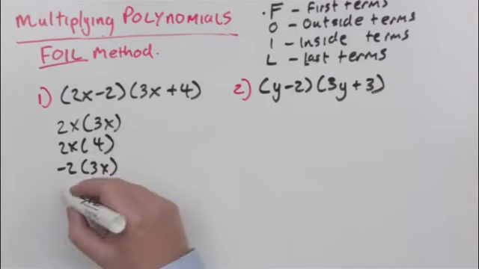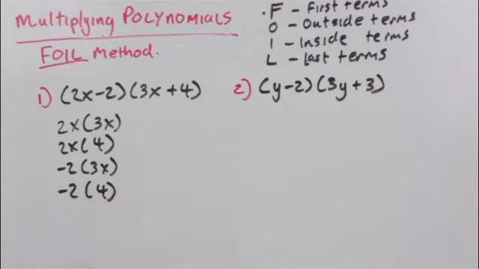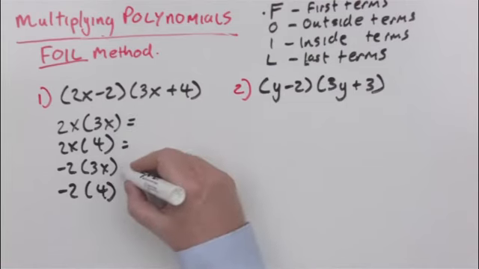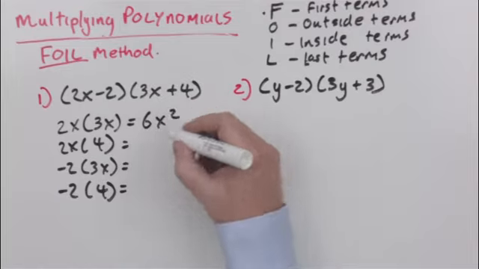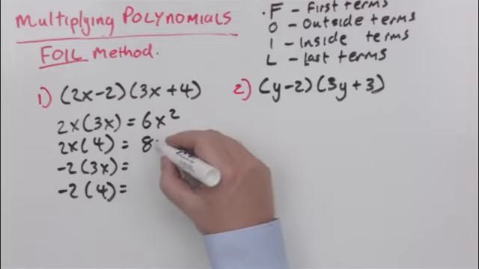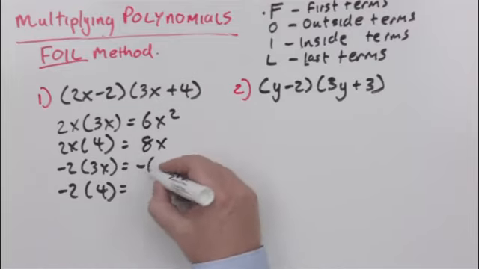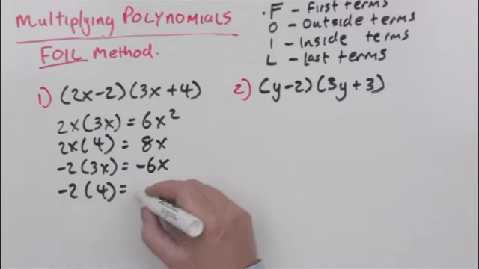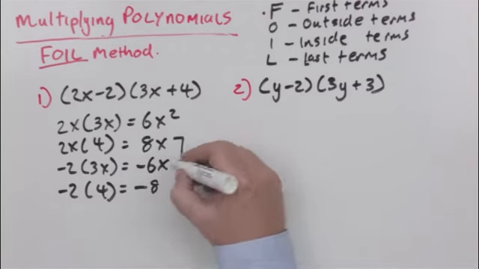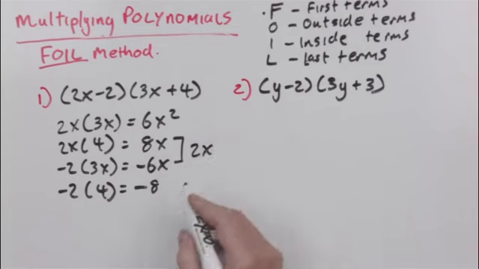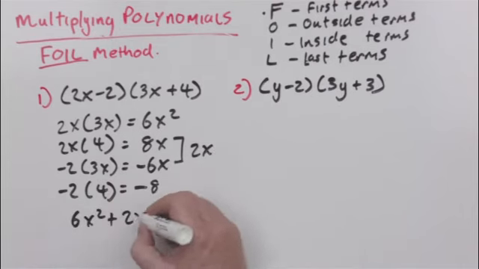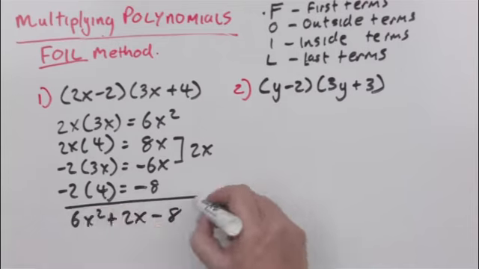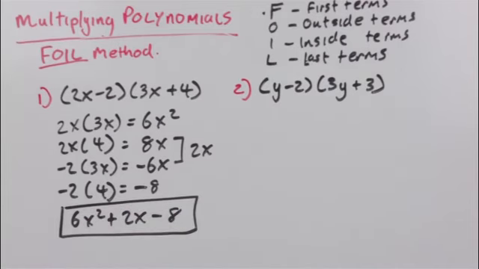And then the last terms, negative 2 times positive 4. Okay, so 2x times 3x would be 6x squared. 2x times 4 is 8x. Negative 2 times 3x is negative 6x. And that would be negative 8. So we have to combine these like terms: 8x minus 6x is 2x. So 6x squared plus 2x minus 8 is my answer. Great.